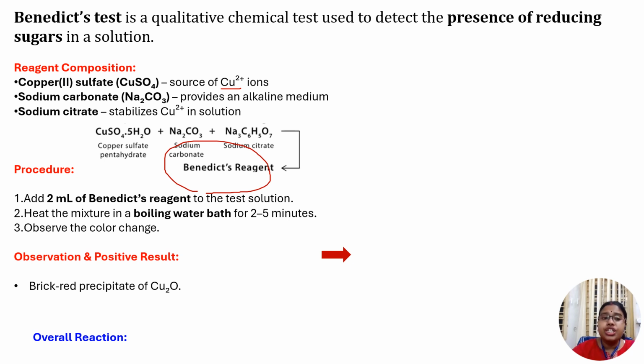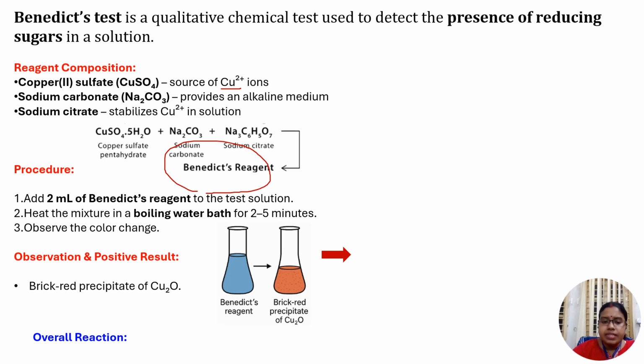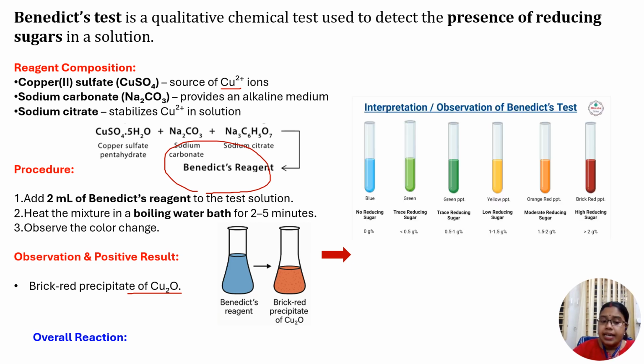What is the procedure for this test? Add 2 ml of Benedict reagent to the test solution. Heat the mixture in a boiling water bath for 2 to 5 minutes. Observe the color change; you can get a brick red precipitate of Cu2O. But the brick red precipitate does not always appear.